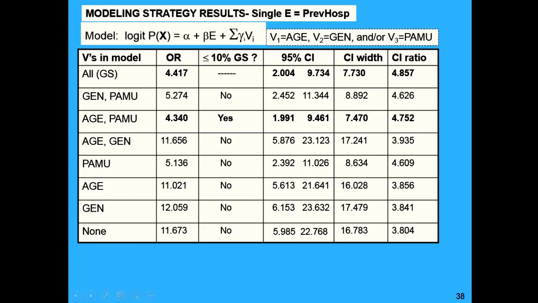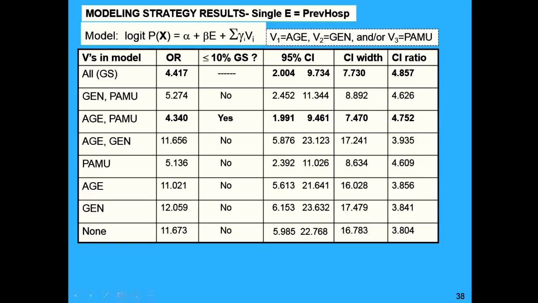Then we could either look at the confidence interval width or the confidence interval ratio. When you're dealing with a logistic model and a ratio measure of effect, like an odds ratio, the usual way to decide on precision is using the confidence interval ratio, which is the highest value in the confidence interval divided by the lowest value.